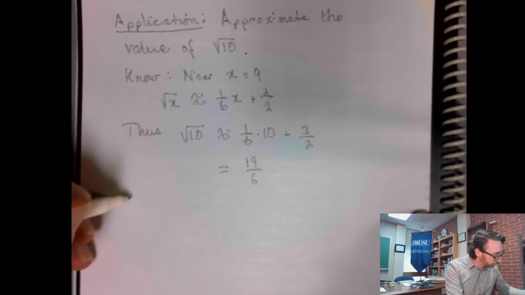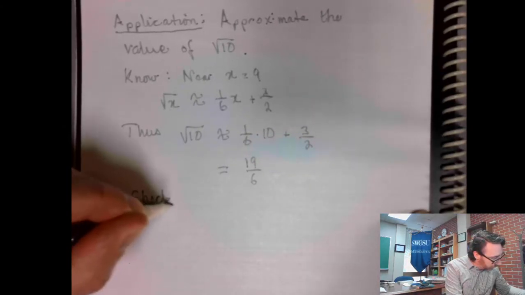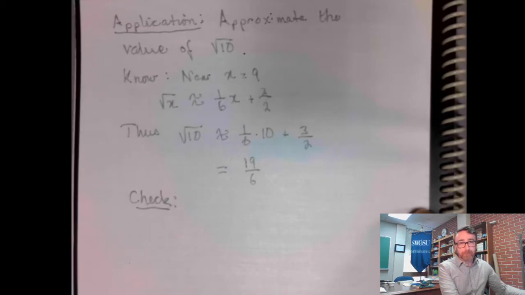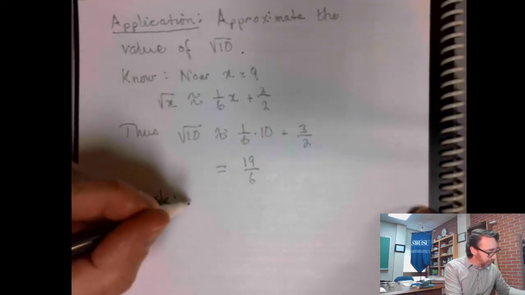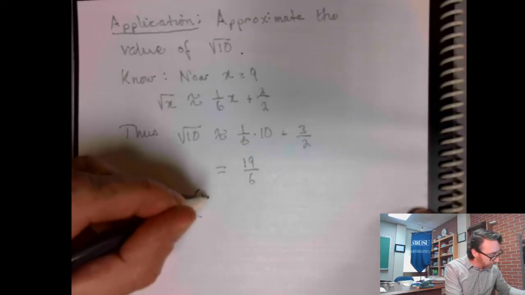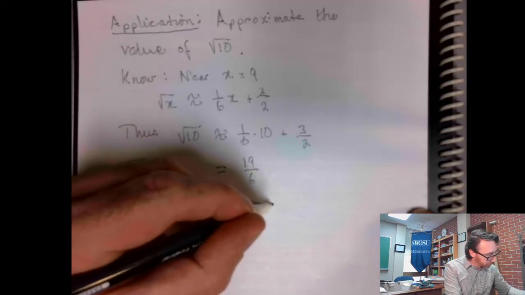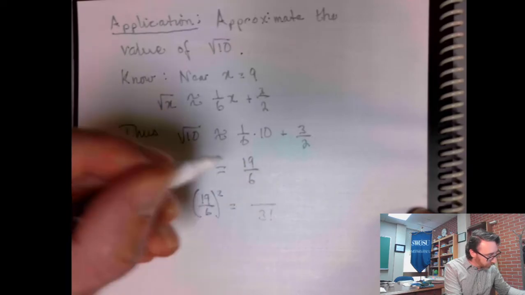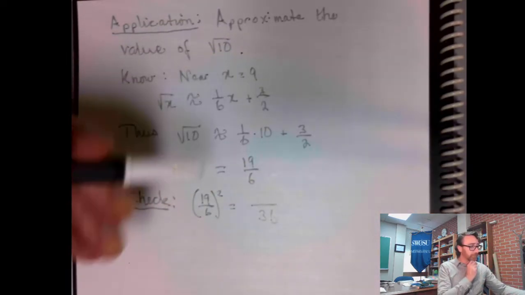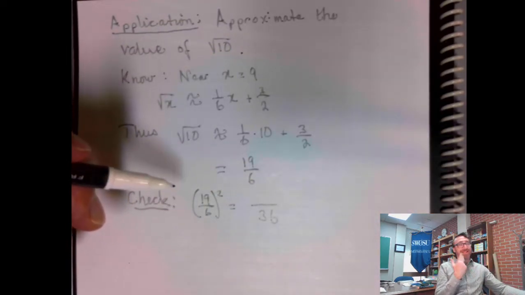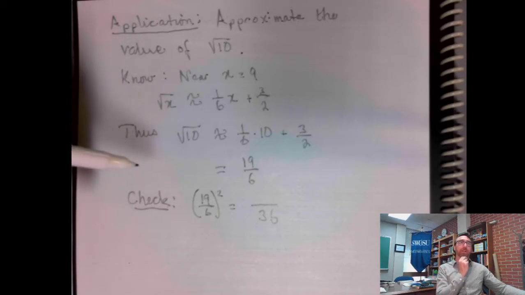Let me do a little check. Okay, how about 19 over 6 squared? Okay, bottom is 36. Numerator, let me see, 19 squared. Ugh.